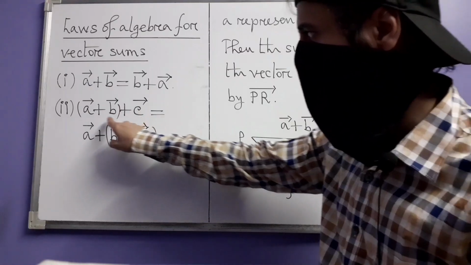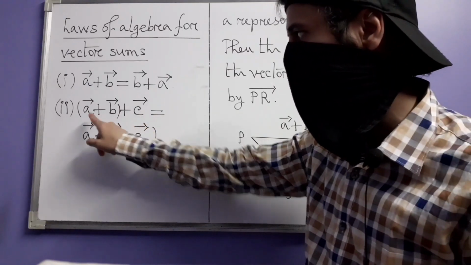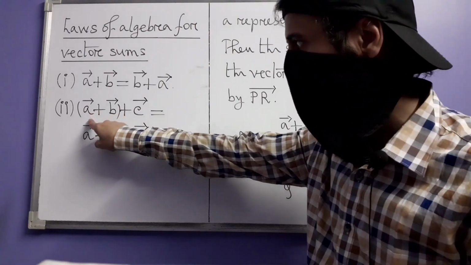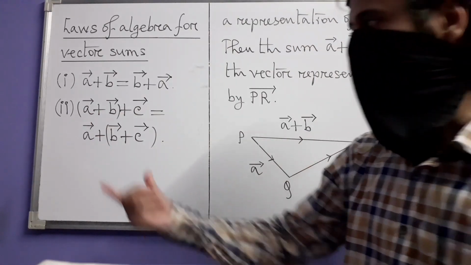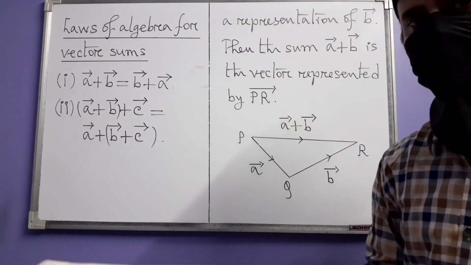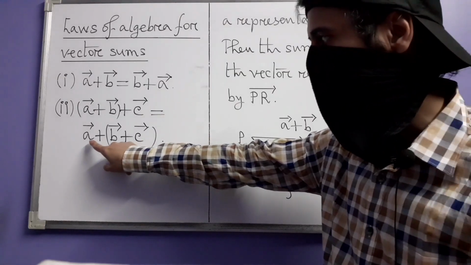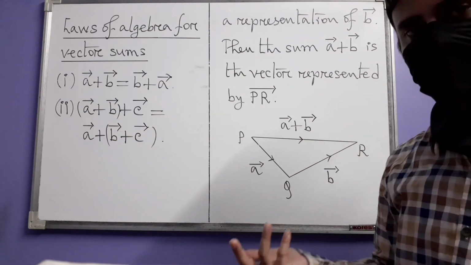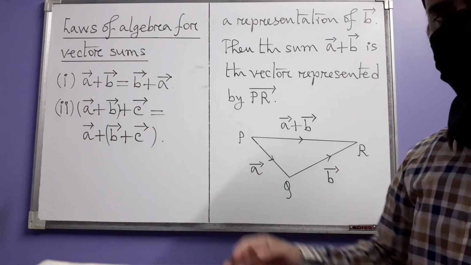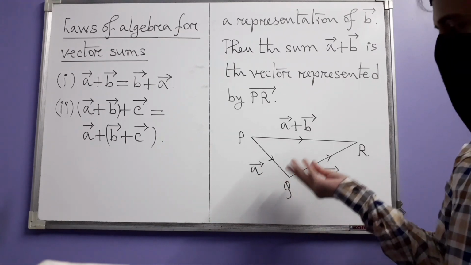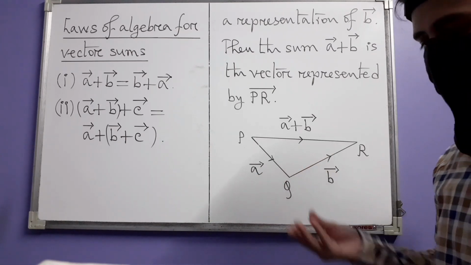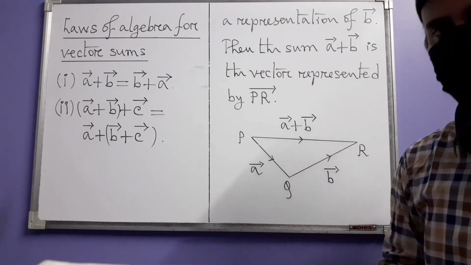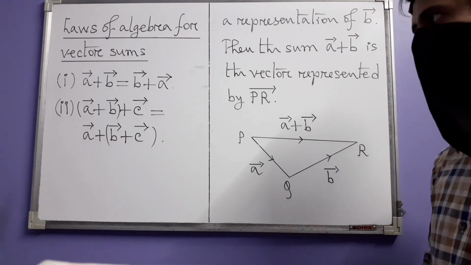This one which you see on the left hand side of this equation is actually the sum of two vectors. One of them itself is a sum of two vectors, A plus B, and the other one is C. This one, however, is the sum of A and B plus C. This law says that they are actually the same. And proving this also using our geometric model of directed line segments is an extremely easy thing. You can do it yourself.